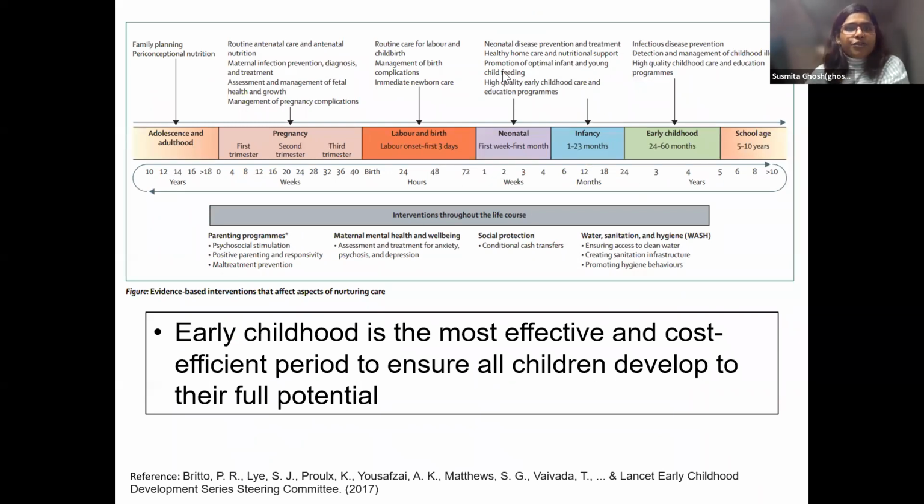Now I'm going to talk about the interventions by life stage, so what would be the interventions in different life stages and how they are going to impact early childhood development.